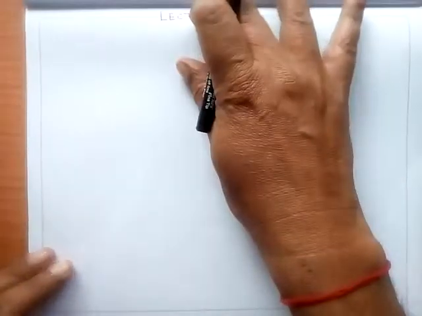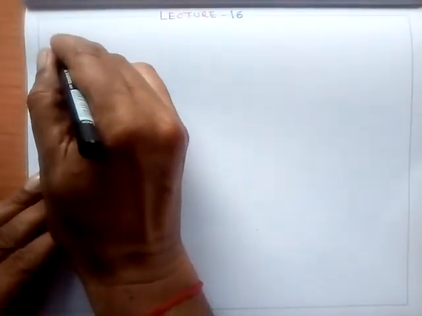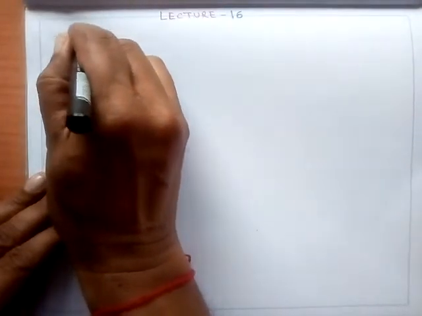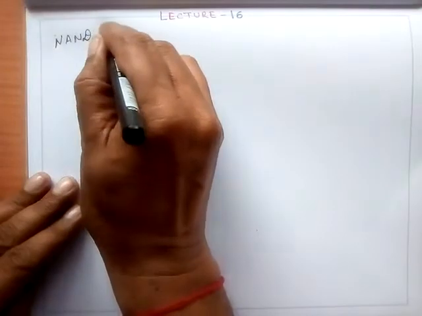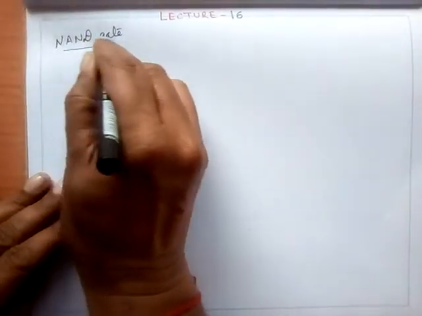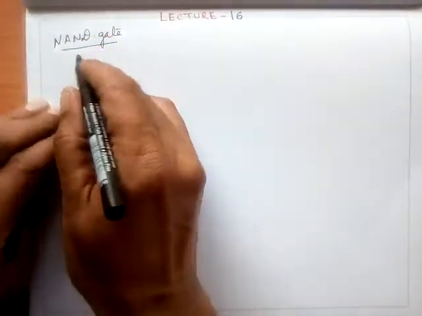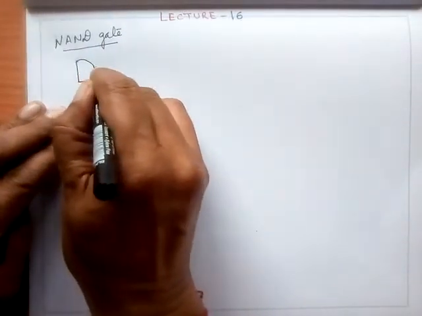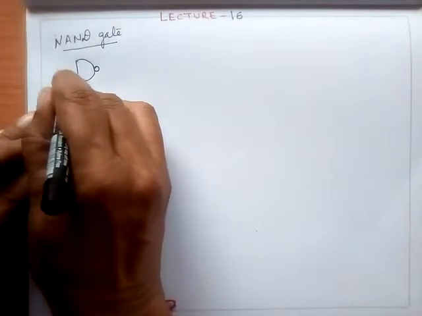See, I told you about the NAND gate. If you look at this NAND gate, let me write this NAND gate here. This is the NAND gate, and the symbol for NAND gate, if you remember, is this. I am dealing only with two variables, otherwise it can be n variables.